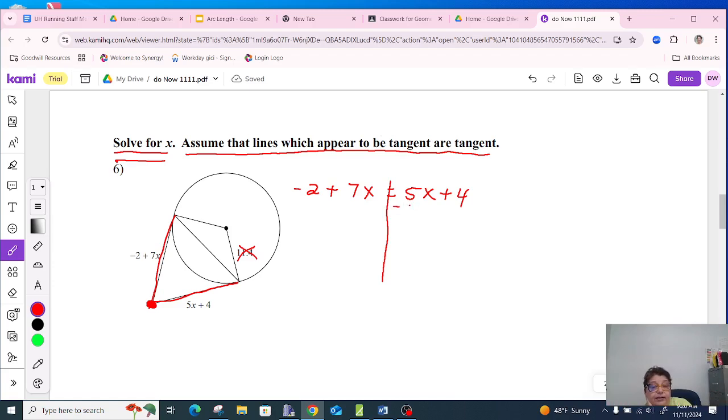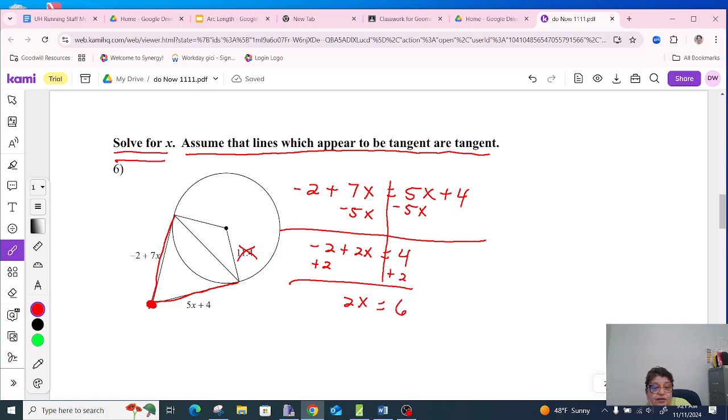So I subtract 5x on both sides. I get negative 2 plus 2x equals 4. I add 2 to both sides. 2x is equal to 6. Yep, you divide by 2. X is equal to 3.